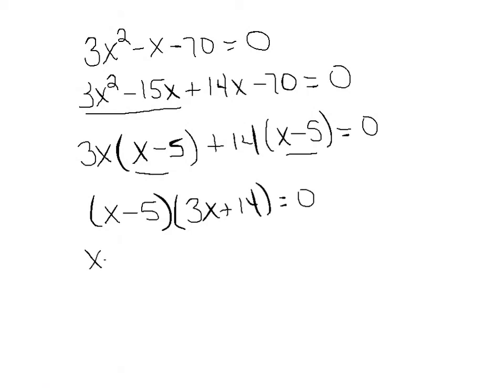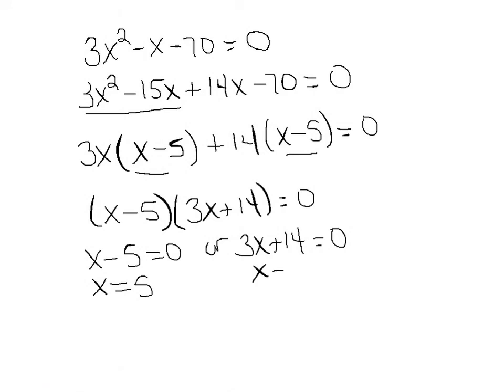This tells me either x minus 5 is equal to 0 or 3x plus 14 is equal to 0. In the first equation, I would have x equal to 5, and in my second equation, I would have x is equal to a negative 14 thirds.